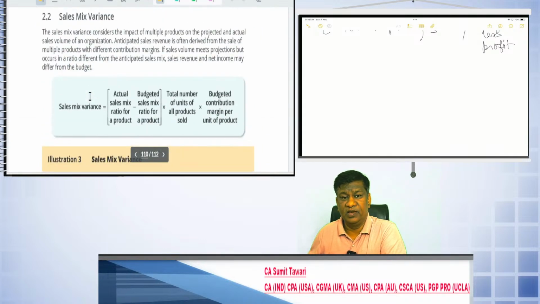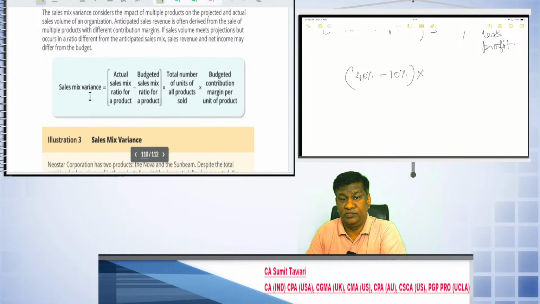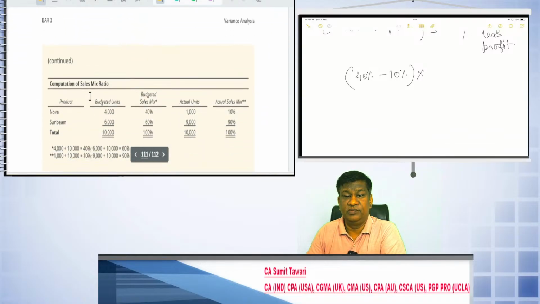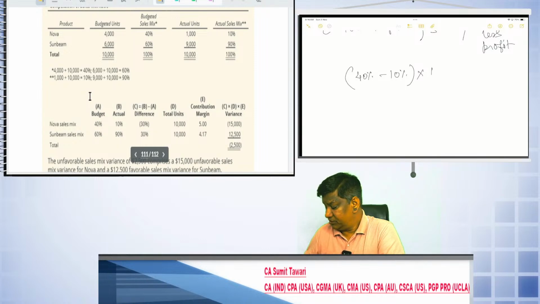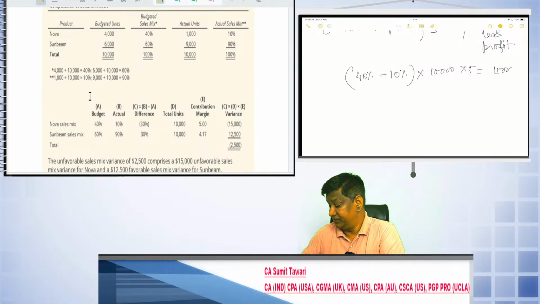Multiplied by the total number of units of all products, 10,000, and the contribution margin is 5. So it is giving me a negative 15,000.